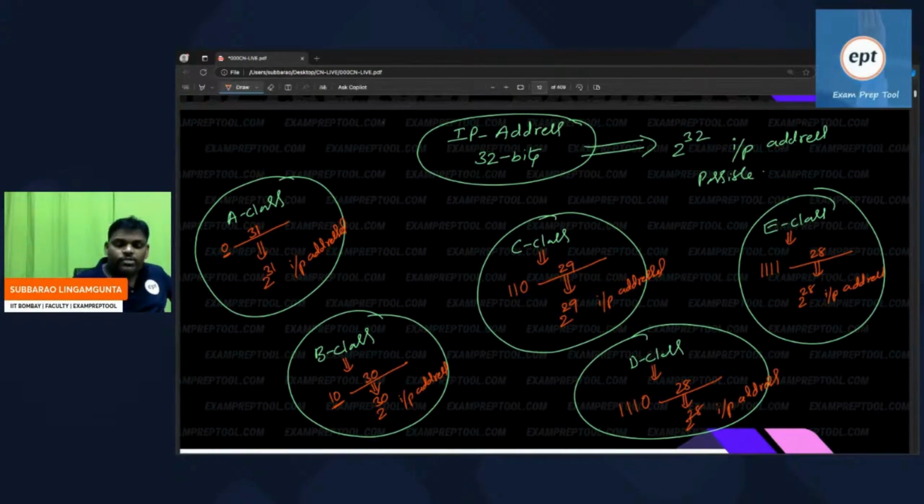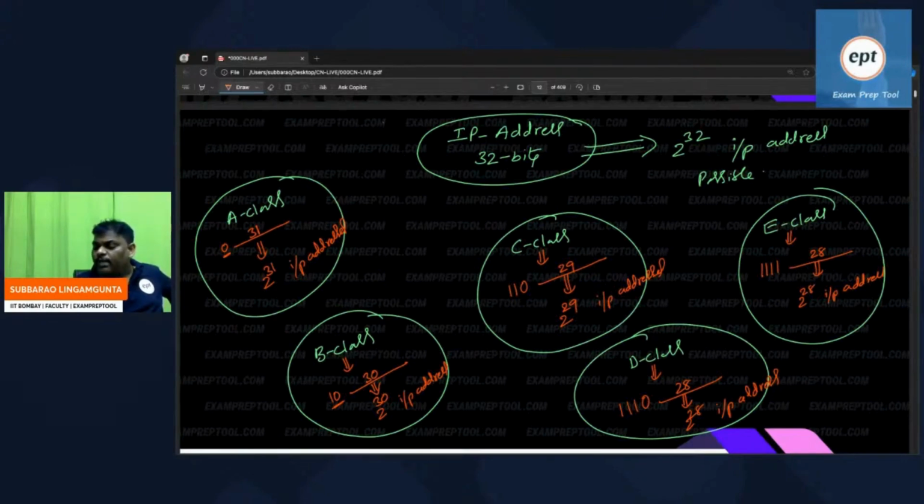In the A class, first bit is fixed 0. In the B class, first 2 bits are fixed 1 0. Fixed means one choice. In class C, 3 bits are fixed. Fixed bits cannot change. Other bits will change.